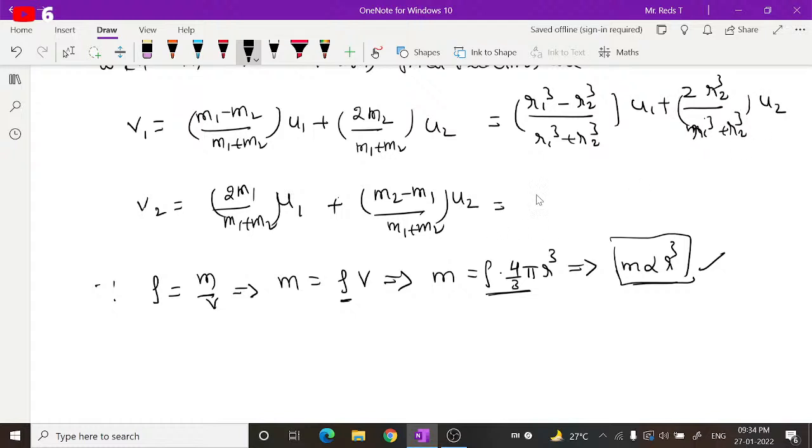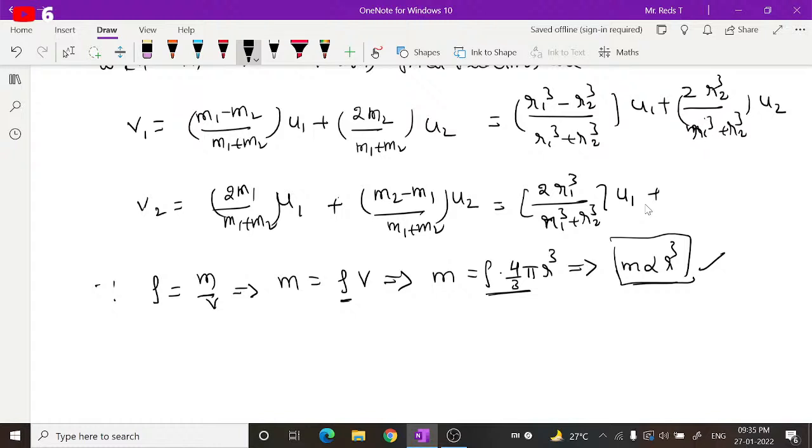Similarly, v2 can be expressed as 2 r1 cubed divided by (r1 cubed plus r2 cubed) into u1 plus the u2 term. Write it down yourself and try to substitute the values, guys. R1 and r2 values are given. Try to substitute this. So that was question number 43, right?